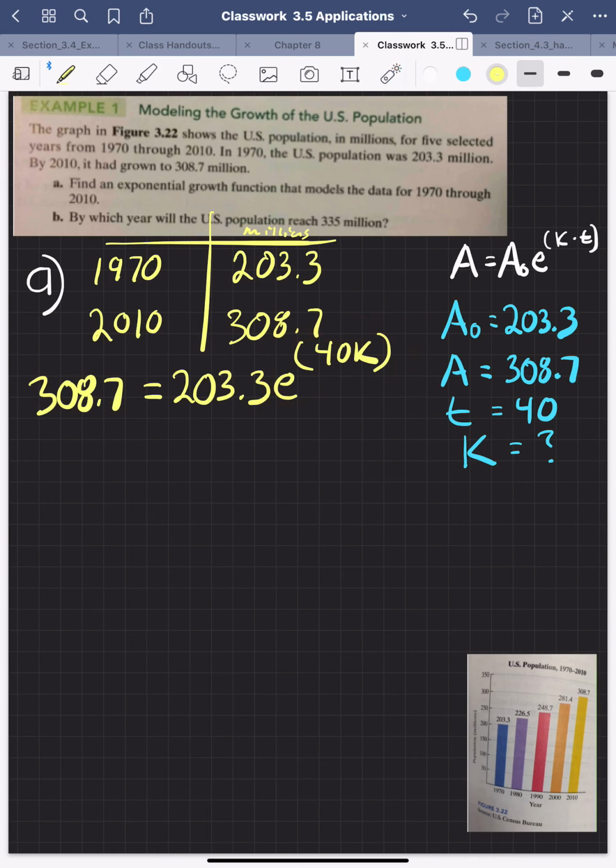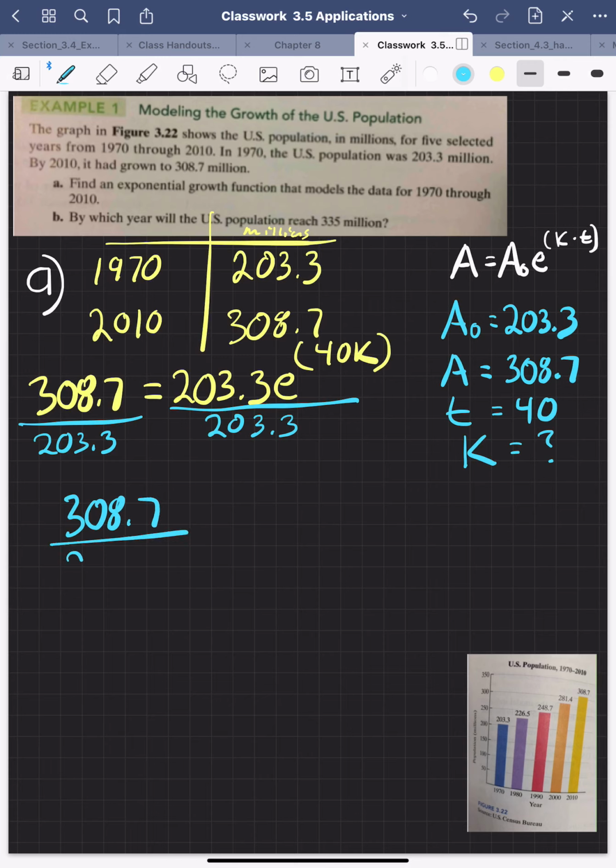Well, we can do that if we just divide both sides by 203.3. That leaves me with 308.7 over 203.3. And what is that equal to? That's equal to e to the power of 40k.